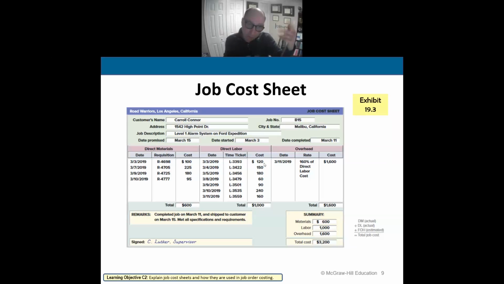And then I got a lot of employees working on this car at different hourly rates. And I track those hours being worked by time tickets, or when they punch the clock, right? When you punch in for work, you punch out for lunch, you punch back in for work, you punch out to go home.